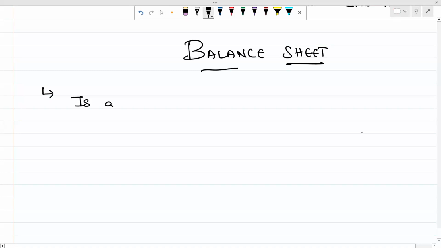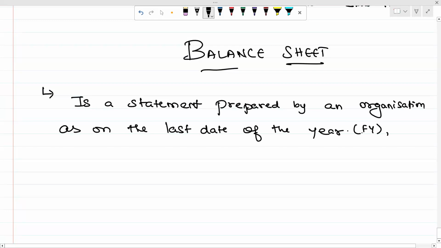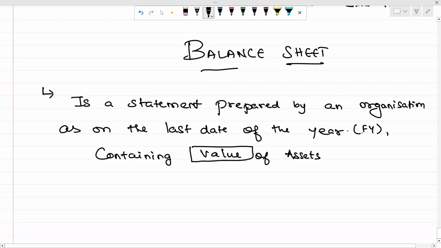It is a statement prepared by an organization as on the last date of the financial year, obviously in India we call it the financial year. It contains the value of assets. We are not merely presenting, we are calculating the final value.